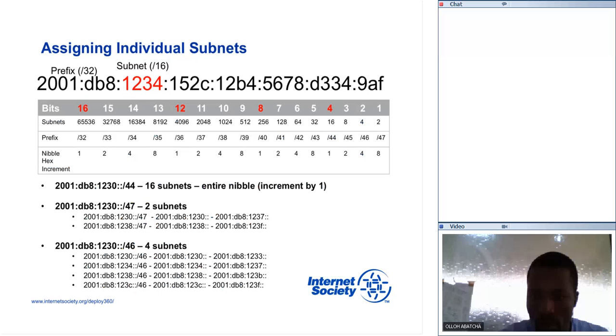You would have 2 subnets, and the subnets you would allocate to those networks would be, as I show at the bullet item, 2001:DB8:1230::/47, which would be the address range between 1230 and 1237, and then 2001:DB8:1238::/47, which would be the range from 1238 up to 123F. For 4 subnets, you're going from 0 to 3, 4 to 7, 8 to B, C to F in terms of the last digit, the last nibble.